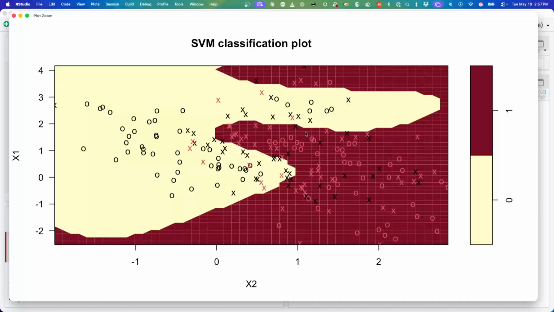Otherwise, we should see most of the X's in the area surrounding the borders. There are some X's out here in red, and that has to do with how the definition of the support vector changes in the SVC and the SVM. But for the most part, our X's are going to be propping up this boundary line. Okay?